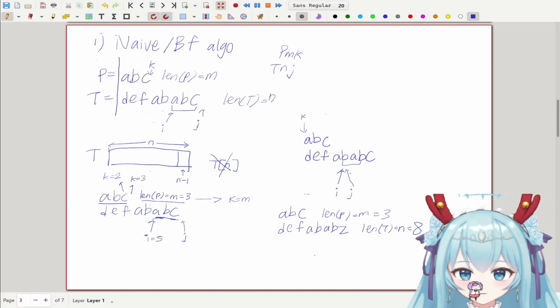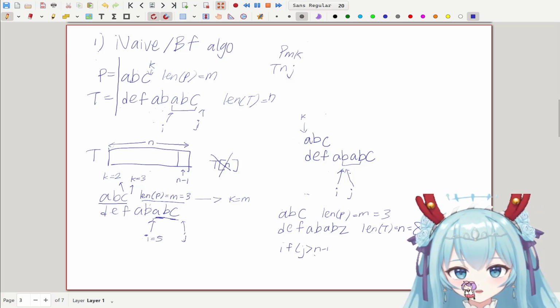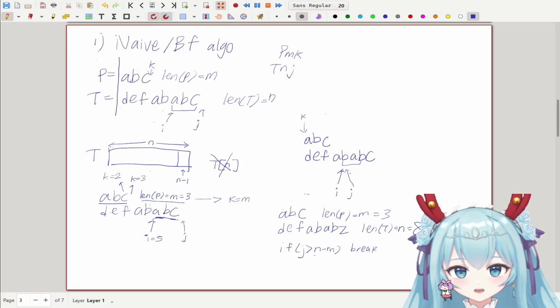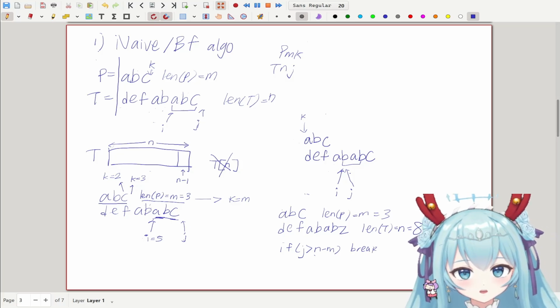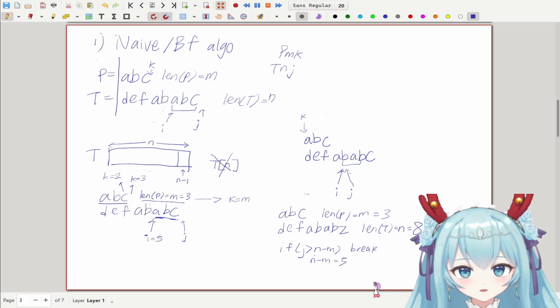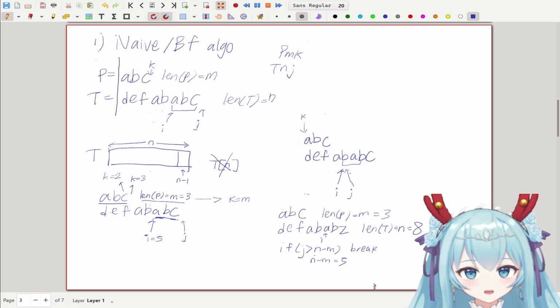So remember the code said that if J is greater than N minus M, we break. In this case, N minus M equals 5, right? So 0, 1, 2, 3, 4, 5. So this is I equals 5.